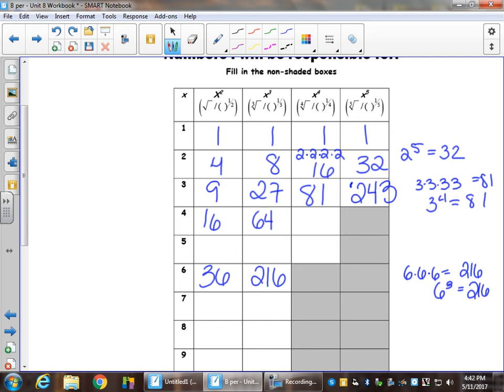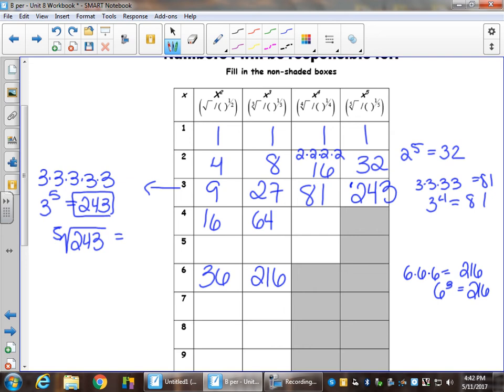The answer, because I go to 243 and I look to the left, is 3. If you struggle to fill in that box, it's 243 because 3 times 3 times 3 times 3 times 3. So that's 1, 2, 3, 4, 5 threes equals 243. So the fifth root of 243 equals 3. That's our connection.